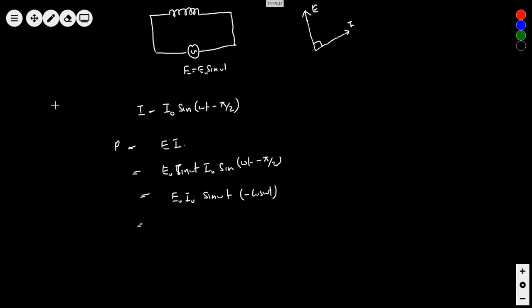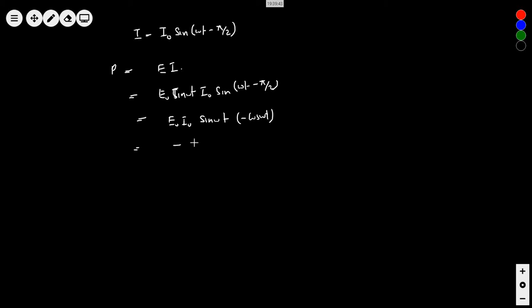So I will take minus E naught I naught by 2, multiplied and divided by 2, and I get sine omega t cos omega t. So this is E naught I naught by 2 sine 2 omega t, with a minus. Got it? Minus E naught I naught by 2 sine 2 omega t. So what does this mean? Sine 2 omega t. I'll come back to this.